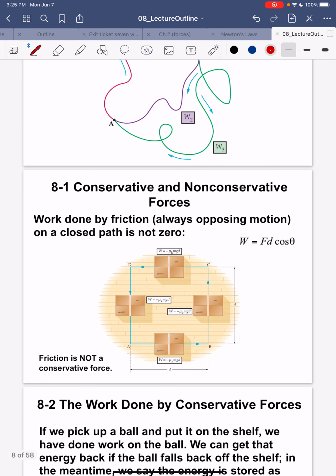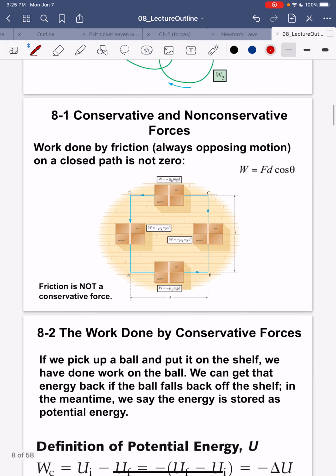Friction is not a conservative force, because its work really depends on the actual path.